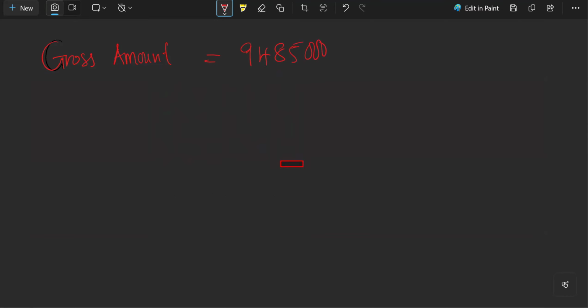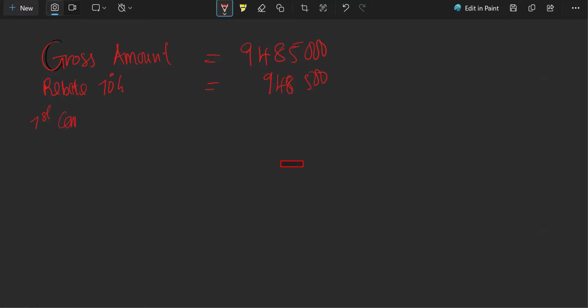Okay, now we're going to have a rebate. Our rebate is 10%. So 10% of this is going to give us 948,500.